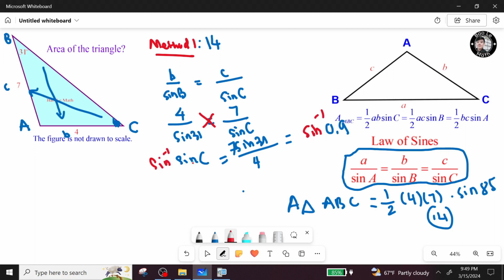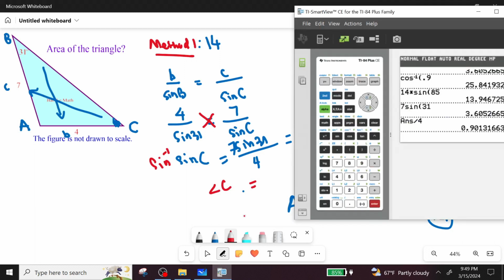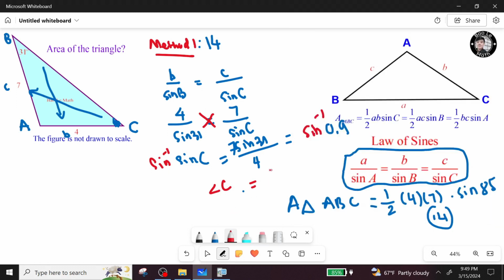Sine inverse of sine C is the measure of angle C, which equals sine inverse of 0.9. So just hit second sine inverse 0.9, which equals 64. So angle C should be equal to 64.